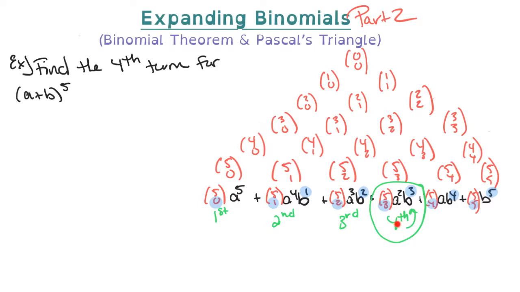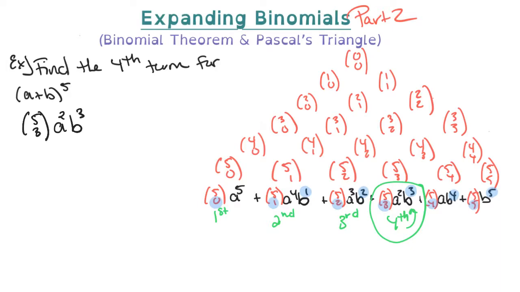So the fourth term has b to the 3. And the reason I'm looking at the b's is because it's 5 choose 3. So the fourth term would have 5 choose 3. The exponent on the b would match, and now I have to make my exponents add up to 5, so it must be a to the 2.